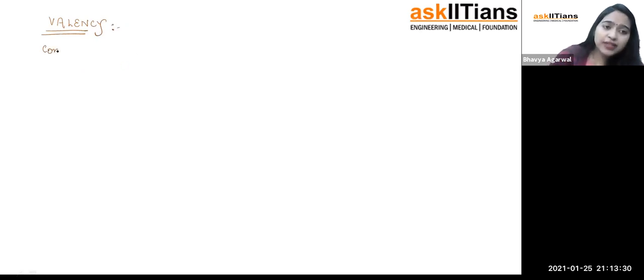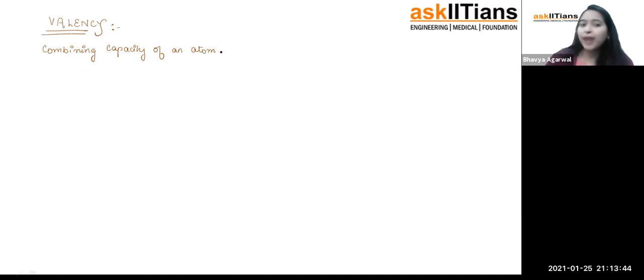Valency is basically the combining capacity of an atom. Combining capacity means that while forming a bond or while interacting with another atom, how many electrons will it gain, lose, or share?